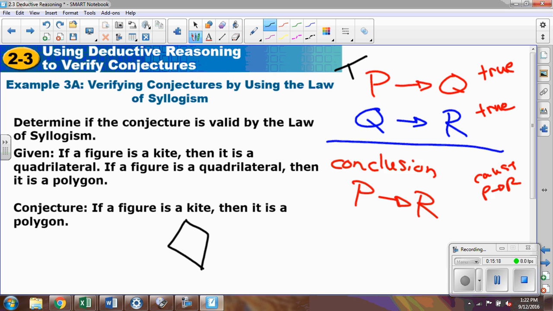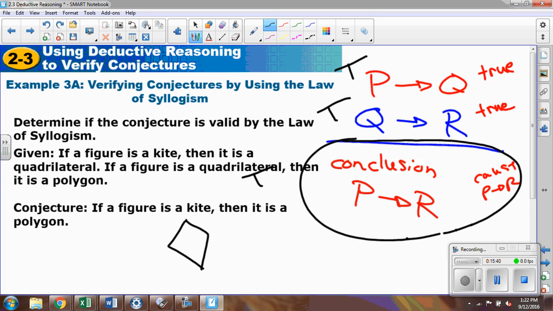Polygon, of course, just has many different sides. Well, if you have a four-sided shape, does it have many sides? Yes, it does. And we'll look at polygons a little bit more and just refresh your memory exactly what they are and what some of the rules are. But that one's true also. So based on these, we now know this is a valid conclusion based on the law of syllogism.